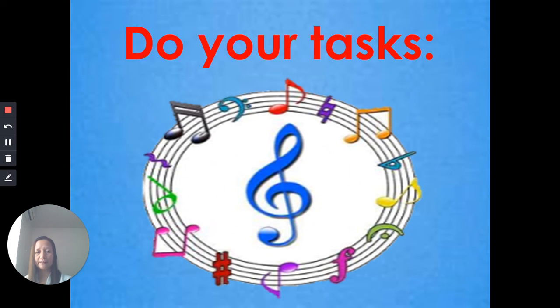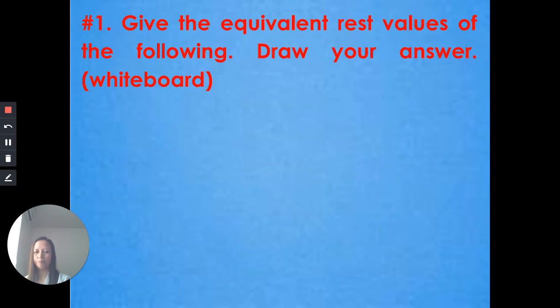Do your task. Task number 1, give the equivalent rest values of the following. Draw your answer on your whiteboard. Whole note.